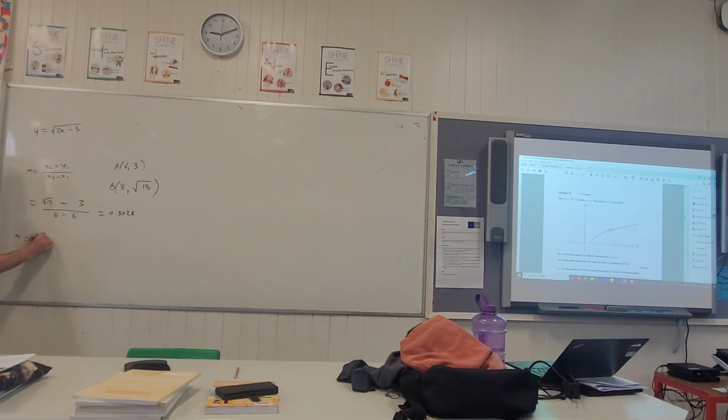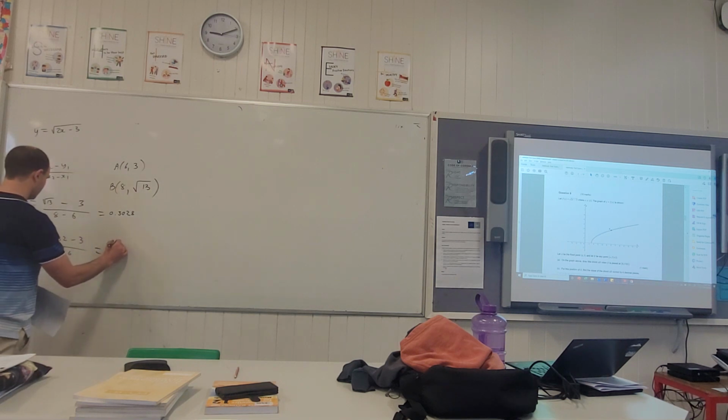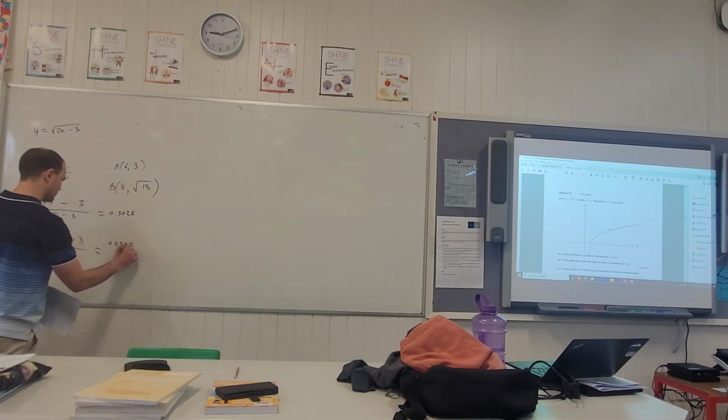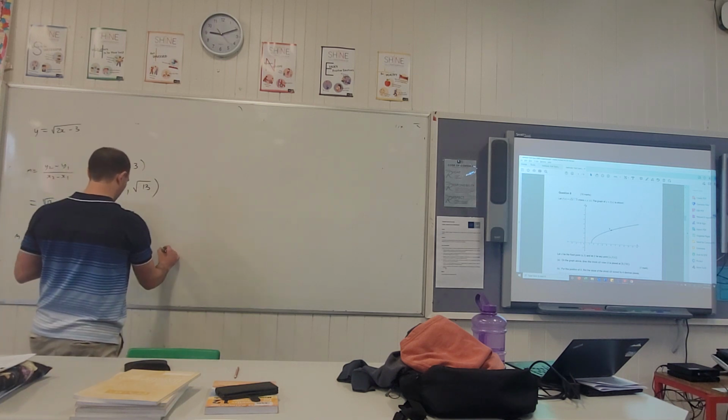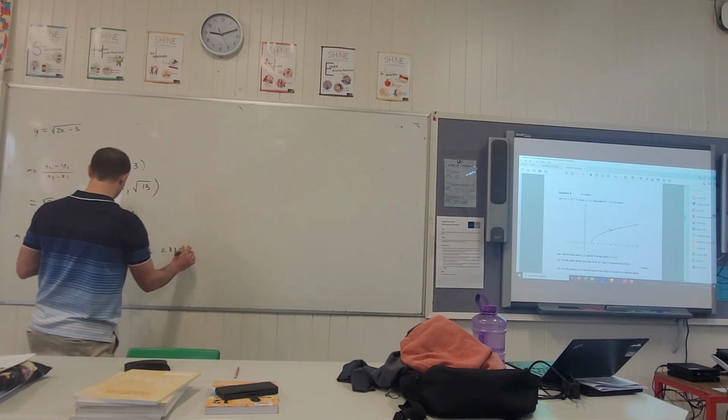We're going to have 3.0332 take away 3, y2 take y1 on top of x2 take x1. Alright, so that's going to become, I'll simplify it, but you don't need to, 0.0332 on top of 0.1, and we've got 0.332.